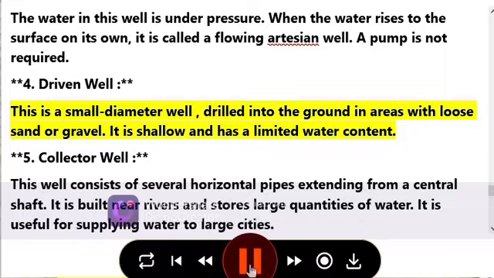It is shallow and has a limited water content.